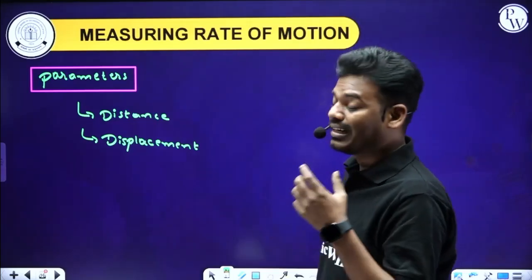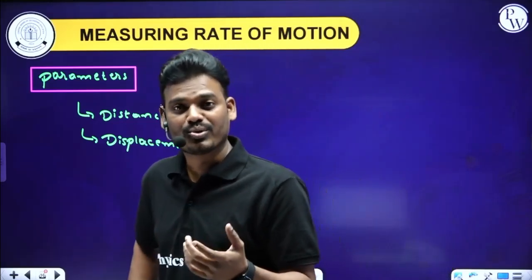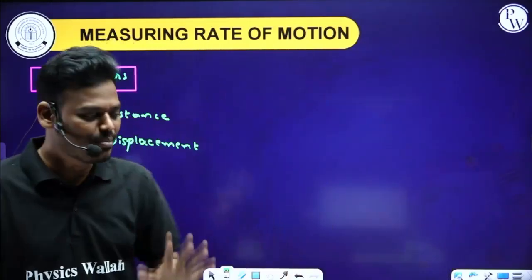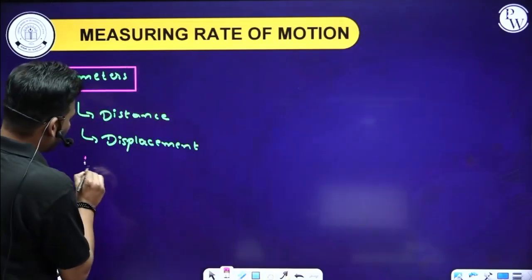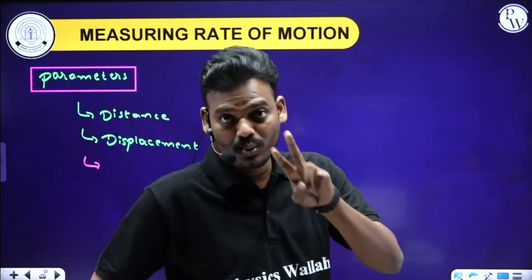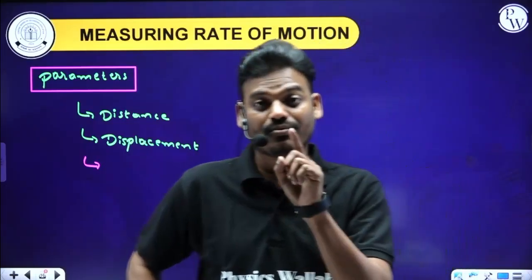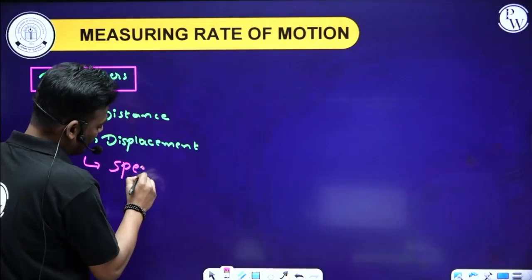And for measuring the rate of change of motion, rate means with respect to time. So for the rate of motion, we can use two terms: speed as well as velocity.